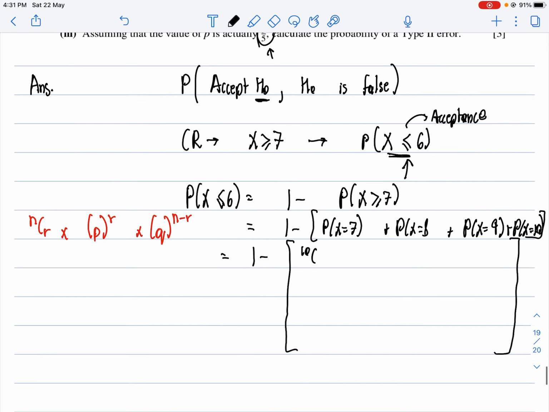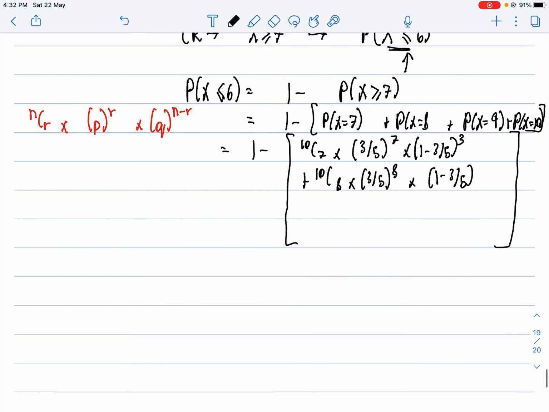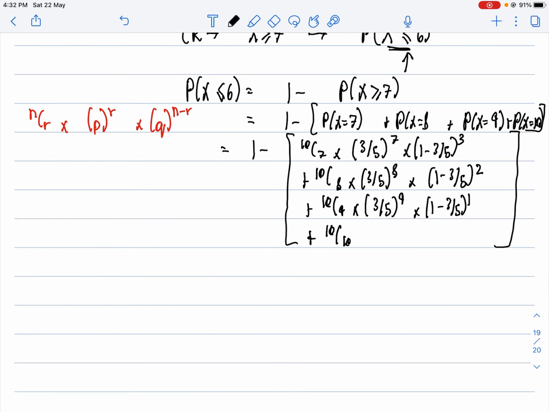So 10C7 into 3 over 5 raised to 7 into 1 minus 3 over 5 raised to 10 minus 7, which is 3, plus 10C8 into 3 over 5 raised to 8 into 1 minus 3 over 5 raised to 10 minus 8, which is 2, plus 10C9 into 3 over 5 raised to 9 into 1 minus 3 over 5 raised to 1, plus 10C10 into 3 over 5 raised to 10 into 1 minus 3 over 5 raised to 0.